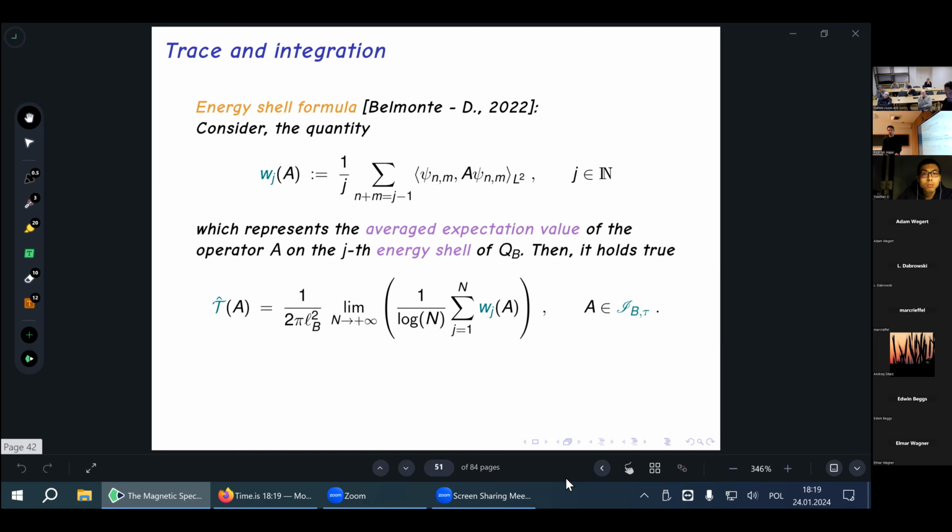Then there are several ways in which we can recompute this trace per unit volume in the continuous, using a discretization which is given by the eigenvectors of my Landau Hamiltonian. This formula can be useful for numerical computation because you just decide where you want to truncate your approximation and give an approximation of your trace per unit volume.